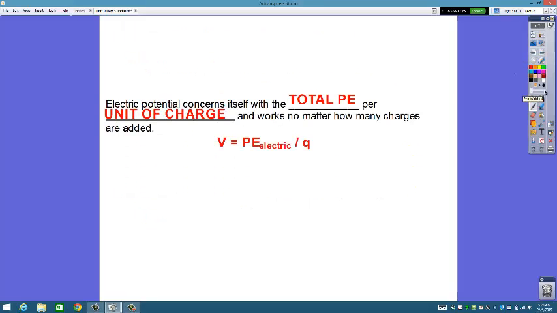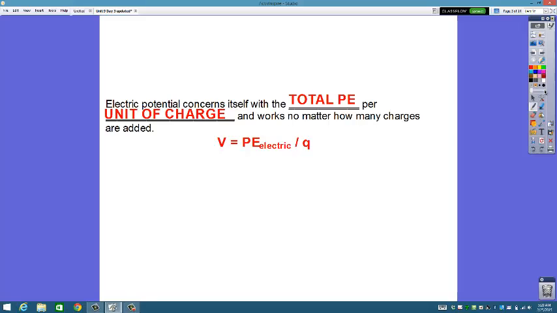What we're looking at next is the idea of electric potential, which is very similar to your energy. So electric potential we look at is basically looking at energy for a certain charge. Okay, so for a unit of charge.